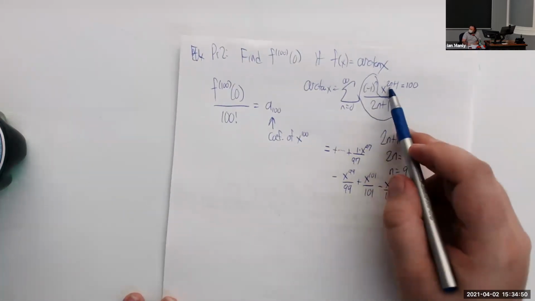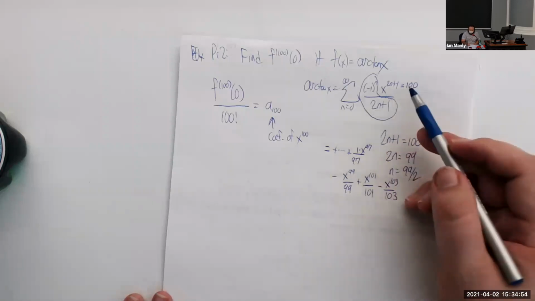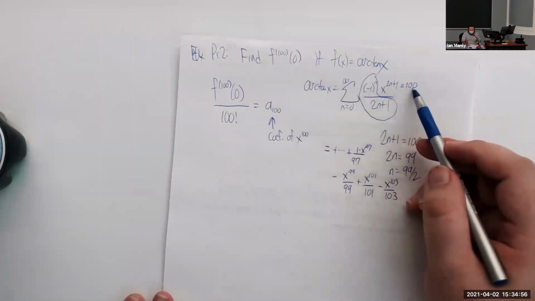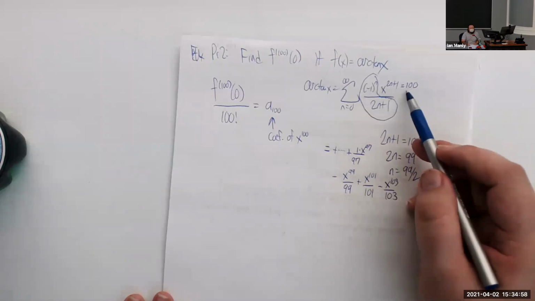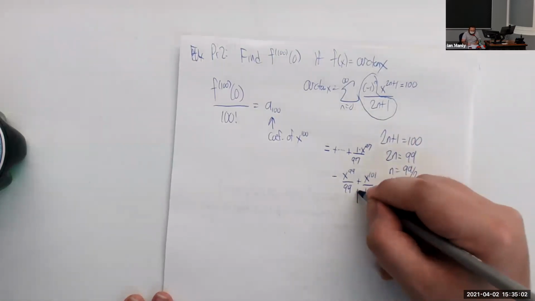We see that the 2n plus 1 is always an odd number. So there's never going to be a time, if we plug in whole numbers, where that's going to give us 100.